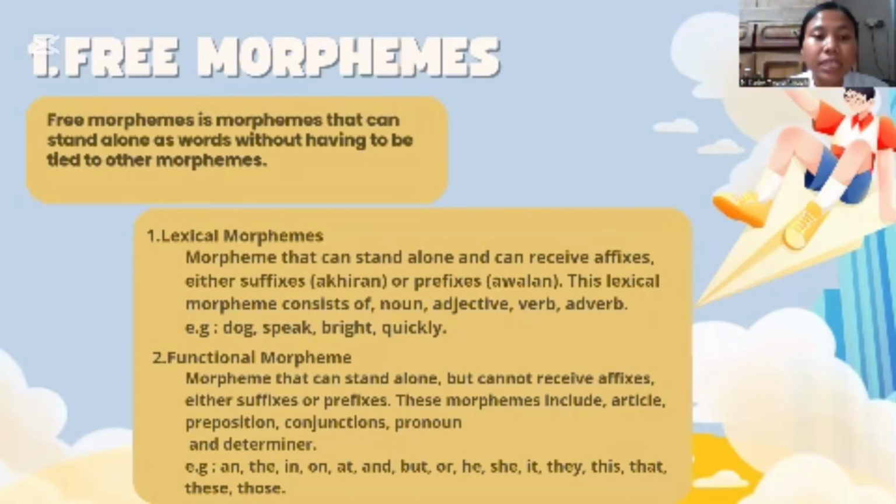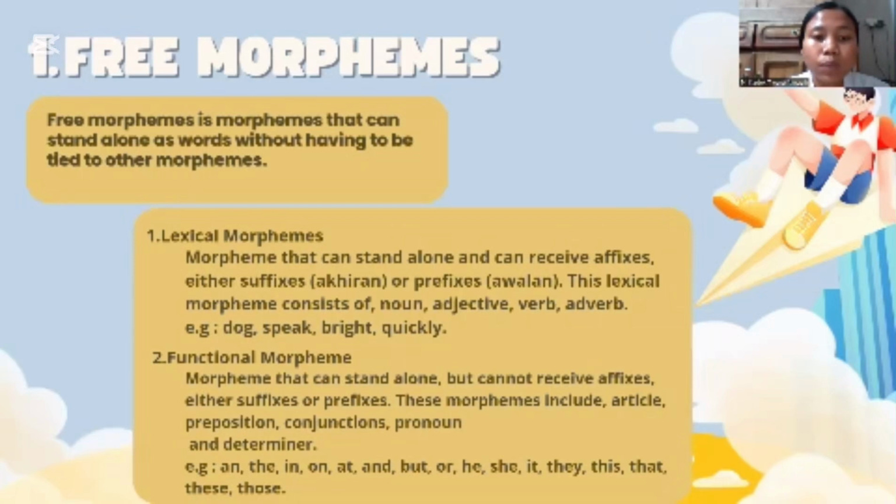A lexical morpheme is a morpheme that can stand alone and can receive affixes, that is suffixes and prefixes. Lexical morphemes consist of nouns, adjectives, verbs, and adverbs. For example, for nouns: dog, house, book.